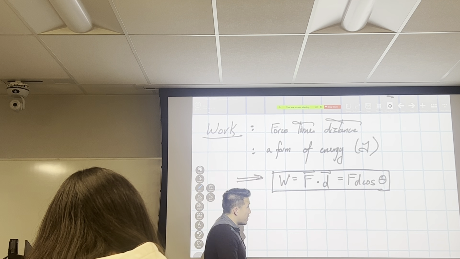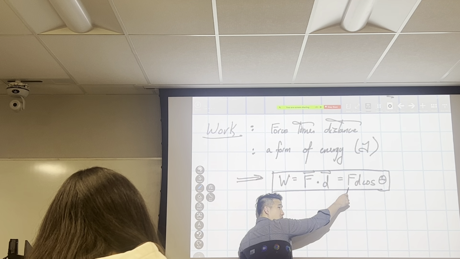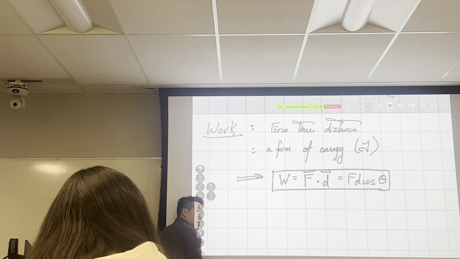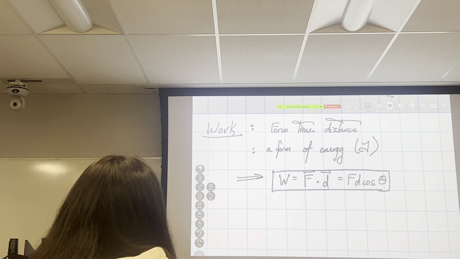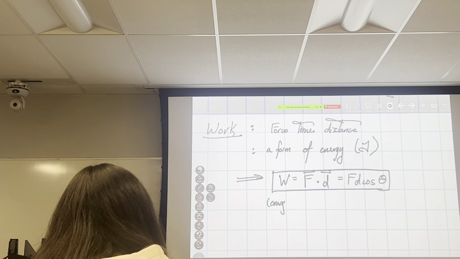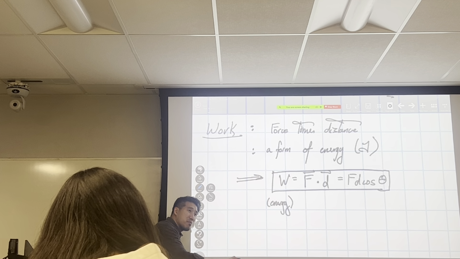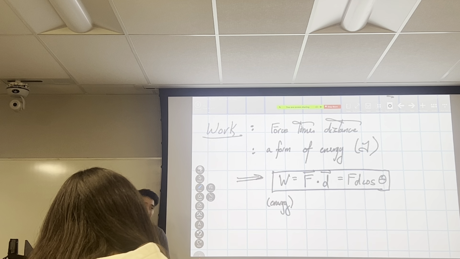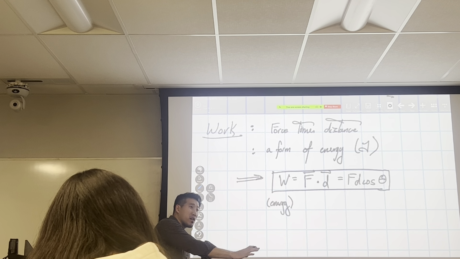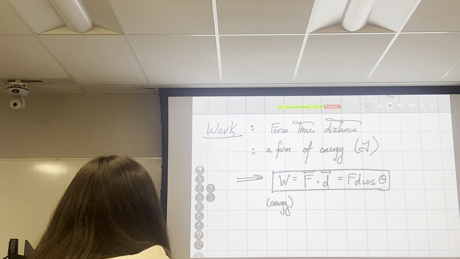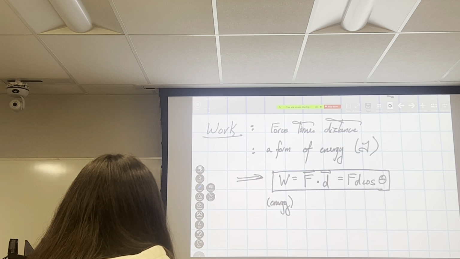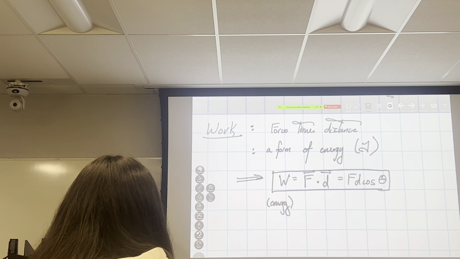And so this is the relationship of force to the energy concept. Work is a form of energy. So when you apply a force and you're actually moving something, you're actually giving something energy because you are doing work onto that object. That is work.